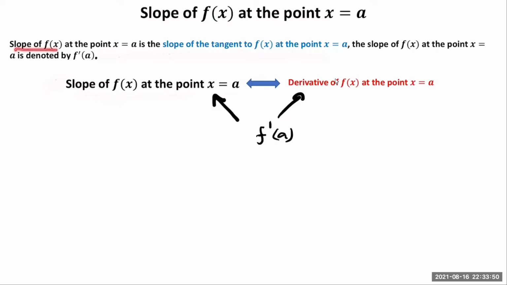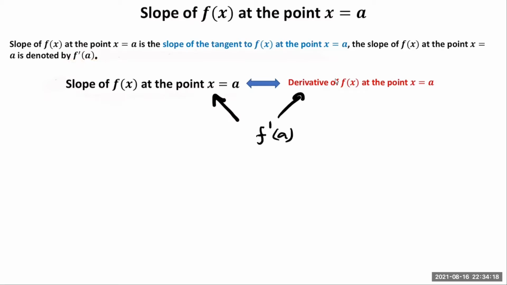The slope of f of x at x is equal to a is the slope of the tangent to f of x at the point x is equal to a. By the way, the slope of f of x at x is equal to a is denoted by f prime of a. We pronounce this as f prime. This is the prime symbol, f prime of a. F prime of a means the slope of f of x at x is equal to a.